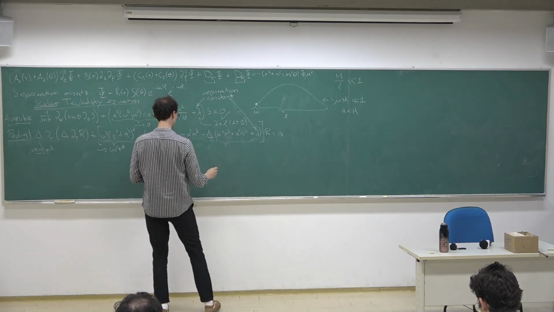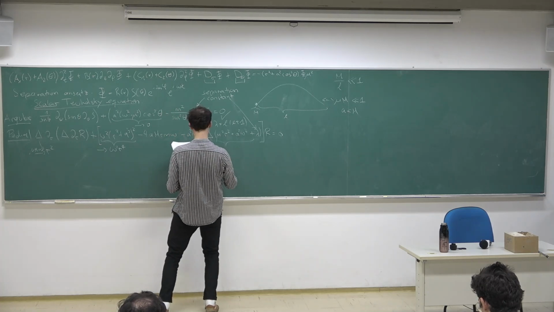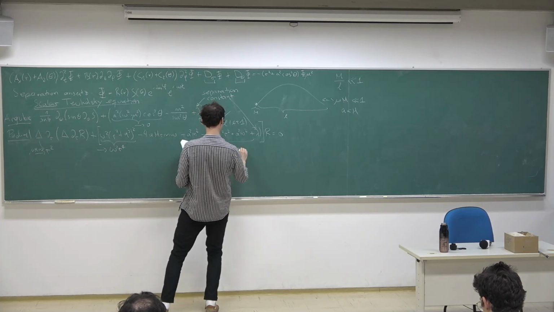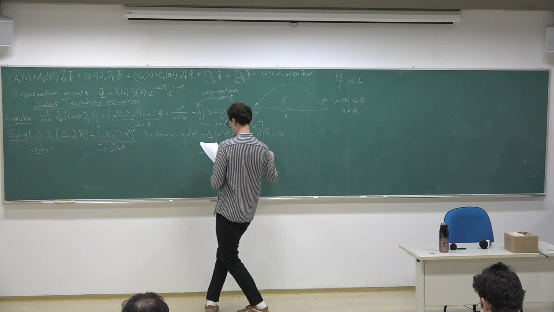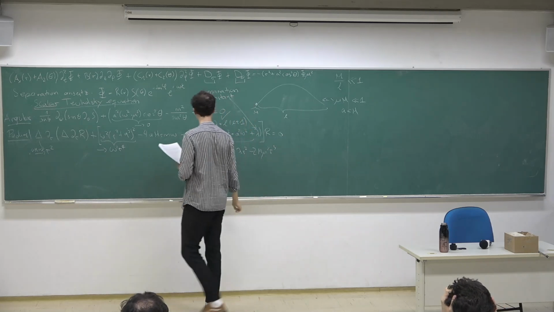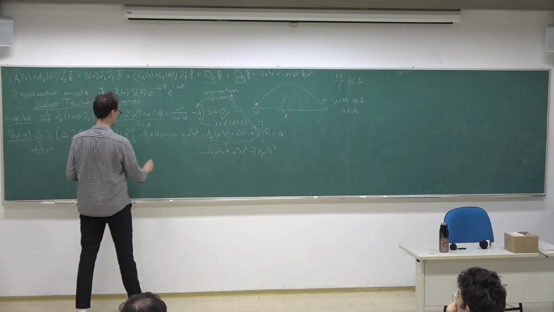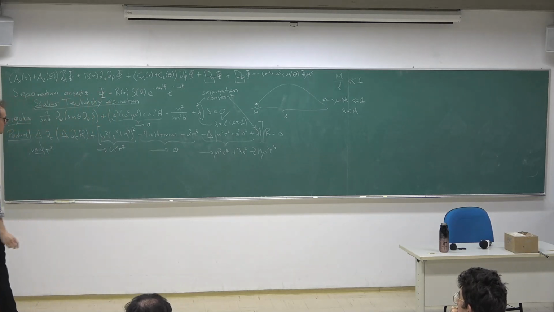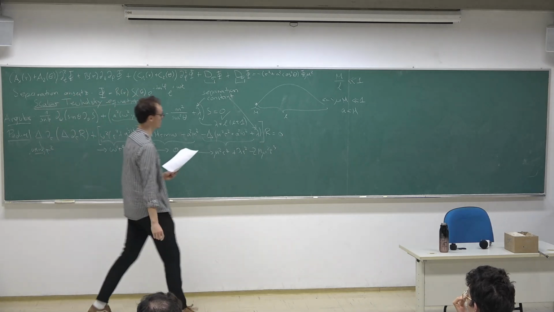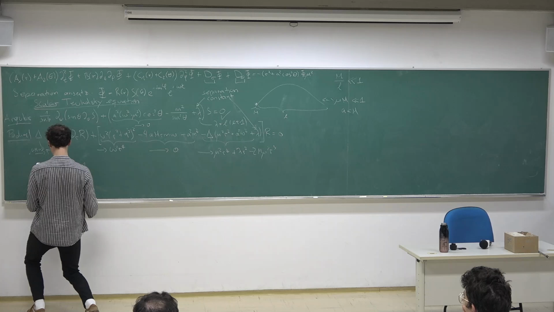I'm just going to write this out because you can verify it in your free time if you feel like it. And then we will see that these are not important. And so then the equation will take this form.